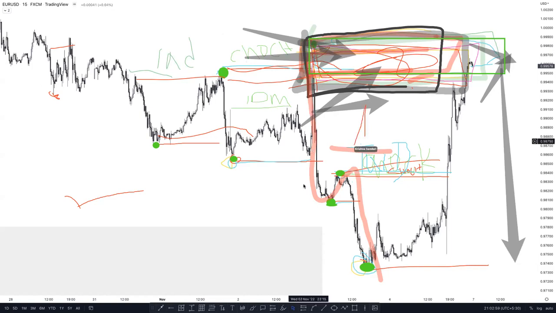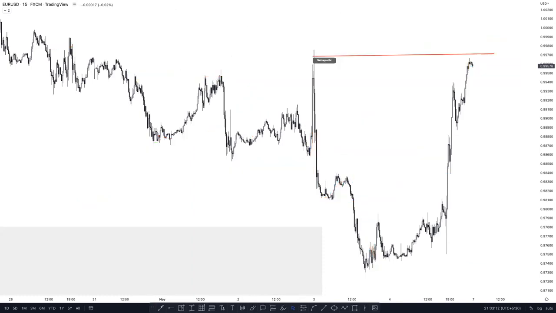Okay, perfect. Actually, this is our high probability area for the sell. Why? Because this took out the previous candle high right here.